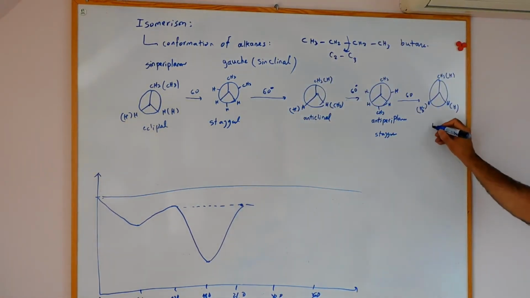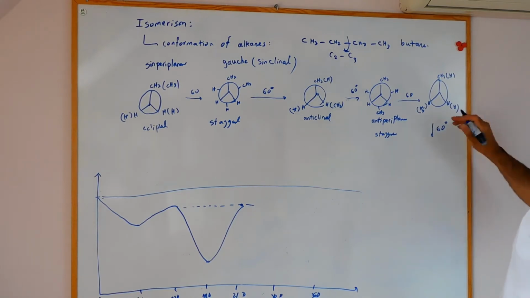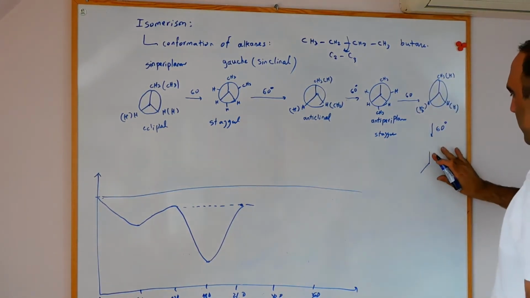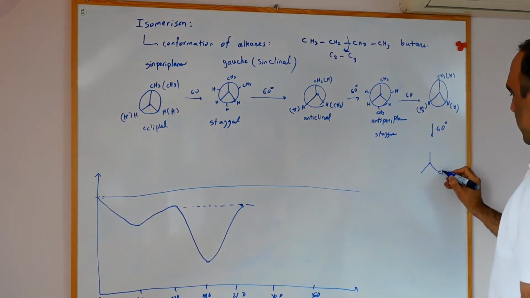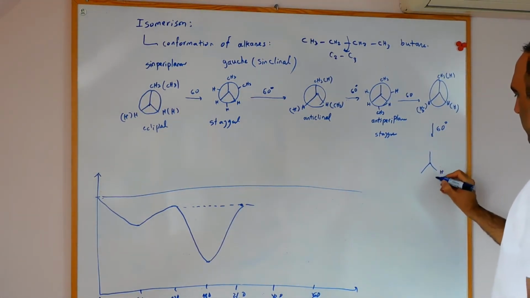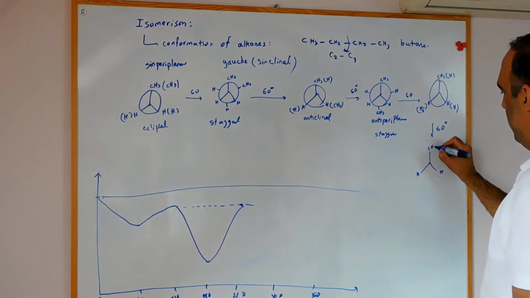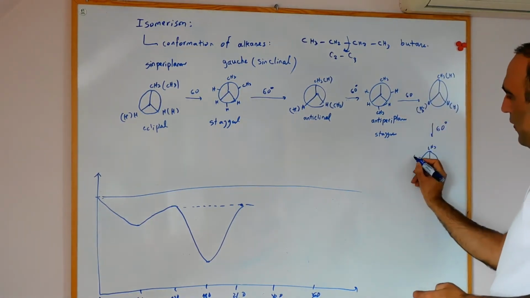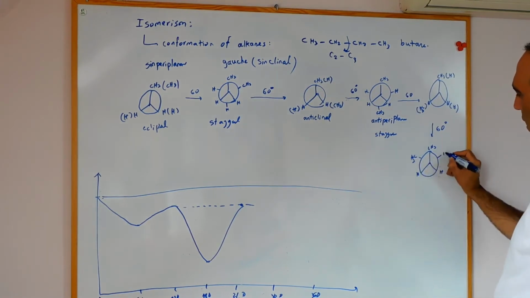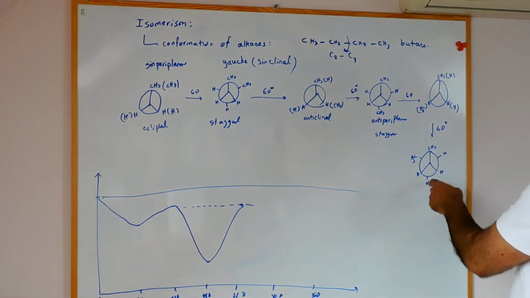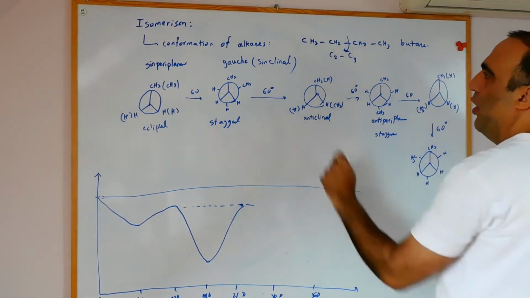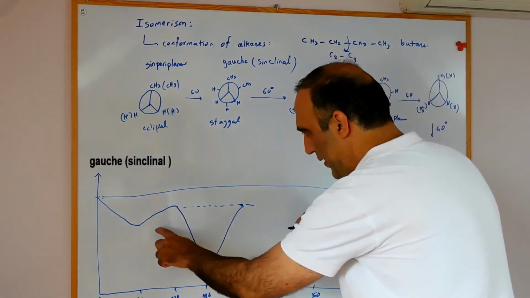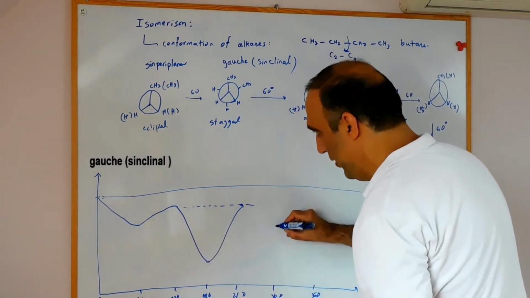If I rotate again 60 degrees, this methyl goes here. Okay, this methyl is closer, and it will be H and H. It will be exactly the same as the gauche or synclinal, and in this situation I can show exactly the same situation of the synclinal.